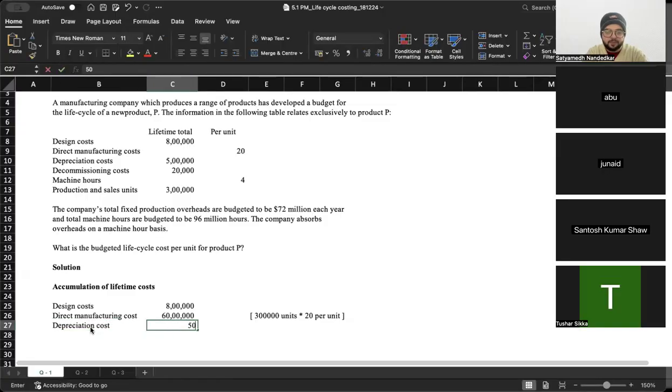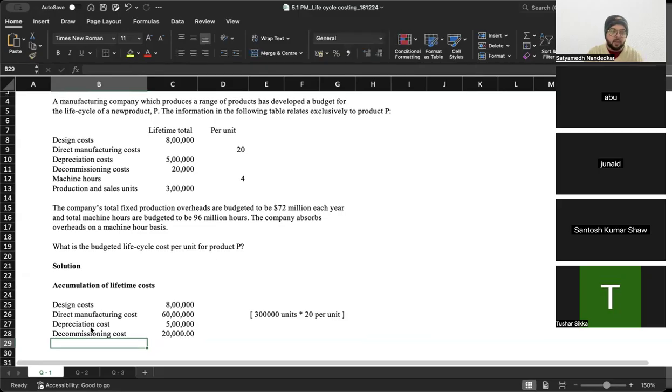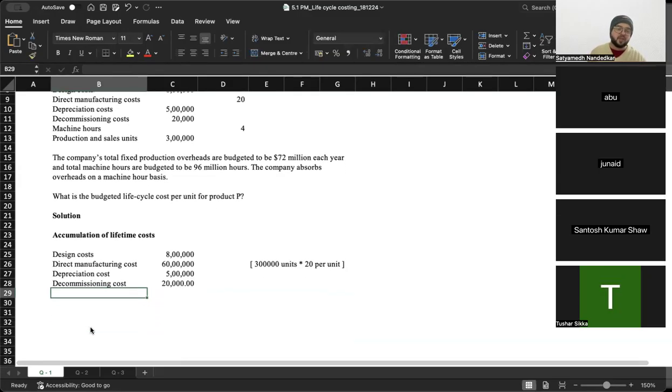One more zero. Then decommissioning cost 20,000. The company's total fixed production overheads are budgeted to be 72 million each year, and total machine hours are expected to be 96 million.